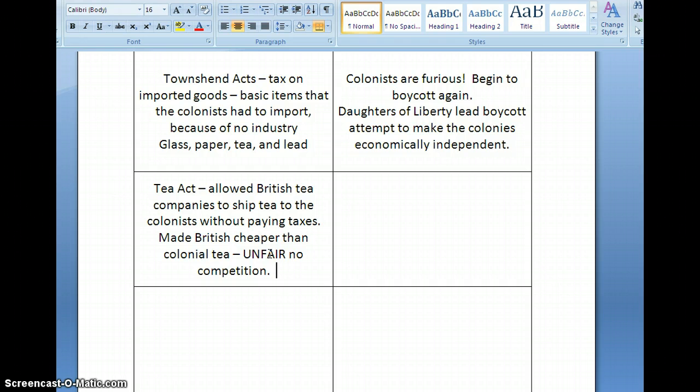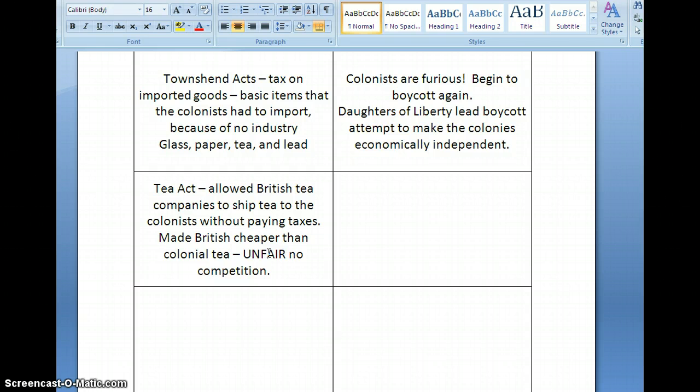Let's just say a small box of tea that the British companies would import would cost $5, and they wouldn't have to pay taxes on that. So it would cost them $5 to bring it across the ocean. And the colonial tea, for that same small box, would be maybe $10. And so of course you're going to buy the cheaper tea because you just don't have that kind of money to spend.